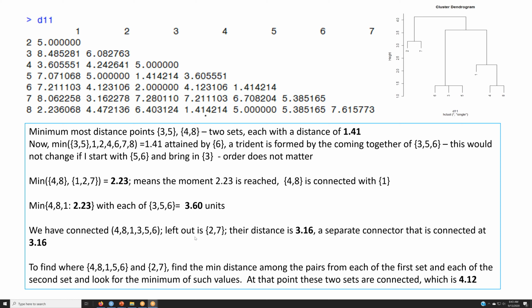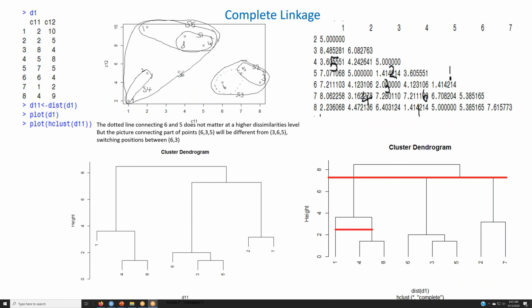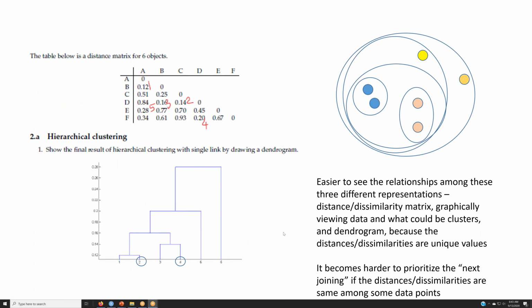I have one question. In today's example, can you go to that slide? Are you able to see? In this, before connecting this 4 and 5, the distance between 5 and 6 is less than that, right? So why can't we group that first and then connect to the remaining?